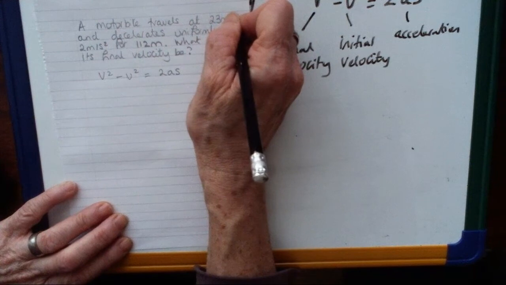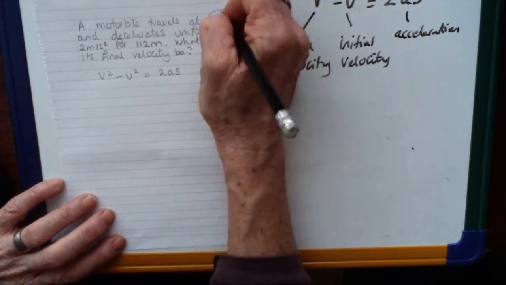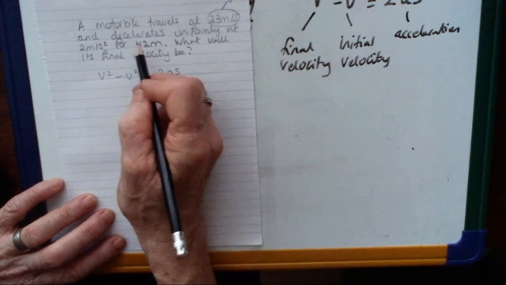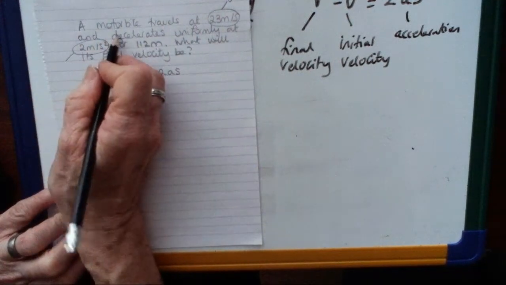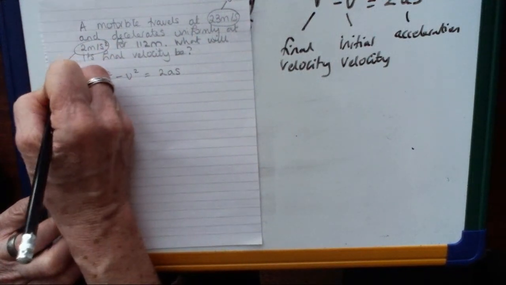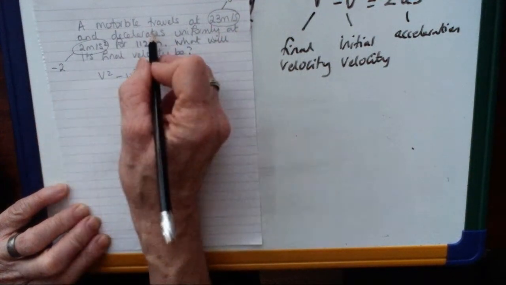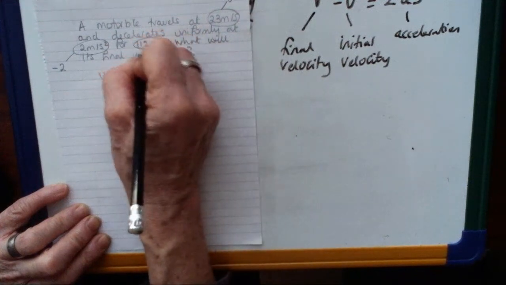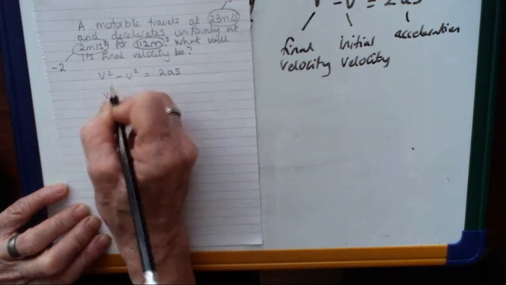Okay, so it's travelling at 23 meters per second, so that's our u. Okay, there is its deceleration, so that is an acceleration of minus 2. It's a negative acceleration, it's a deceleration. Okay, and we've got our distance there. So drop those numbers into the equation.